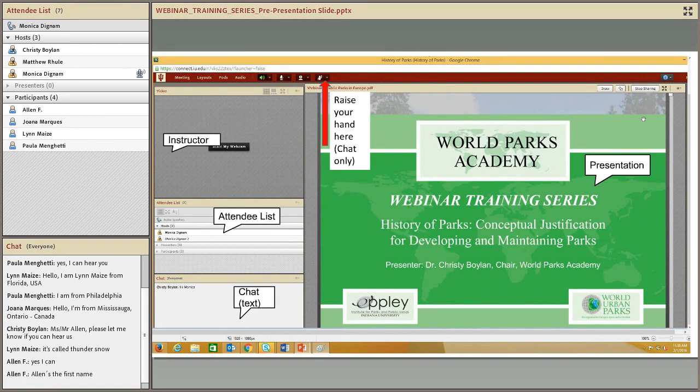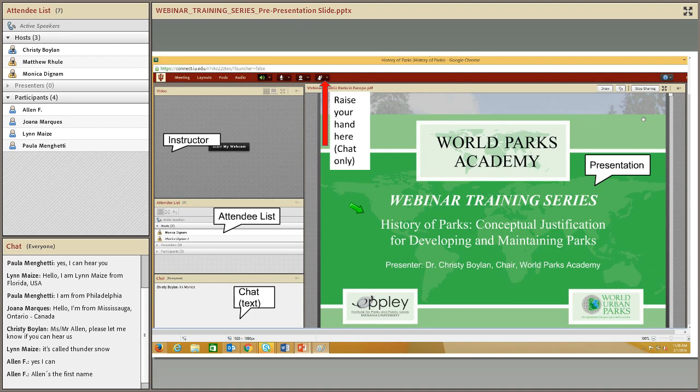I'd like to show you a few things about your screen so that you can more fully participate. I'm not going to use the pointer because I found that it creates some problems, so I'm just going to refer to the various areas on the screen. What you see in the presentation area is a screenshot of your whole screen.